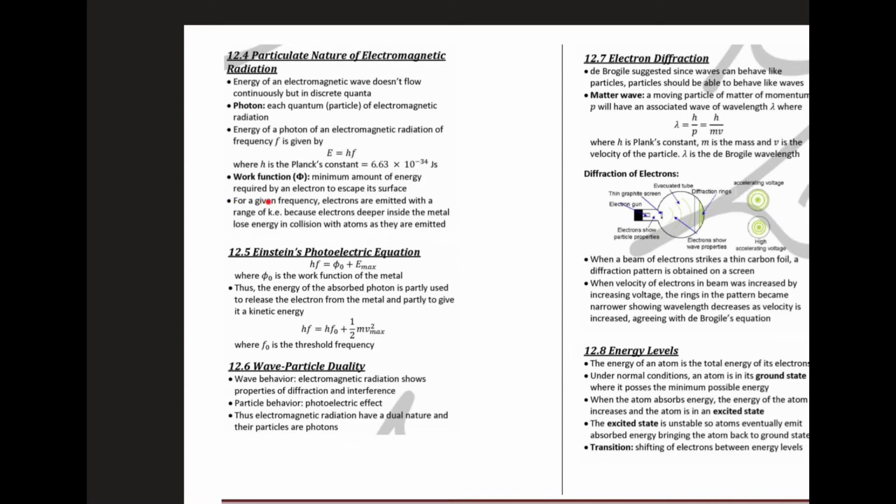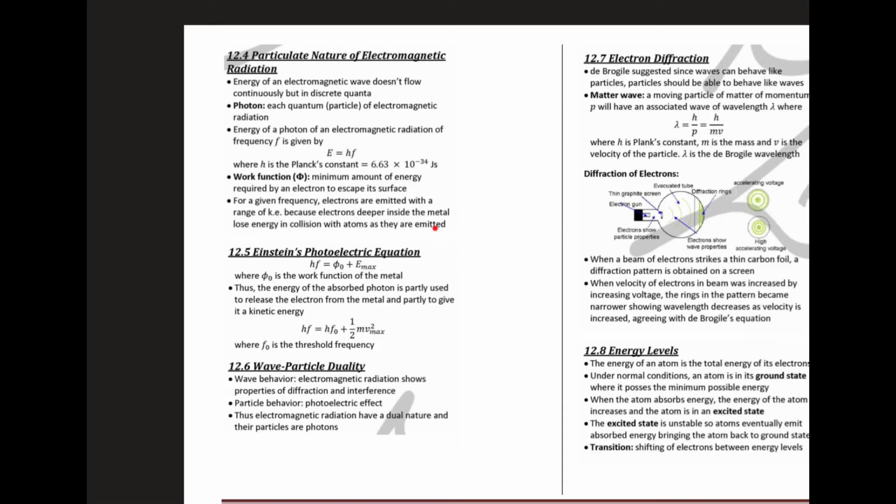So for a given frequency, electrons are emitted with a range of kinetic energy, because electrons deeper inside the metal lose energy in collision with atoms as they are emitted.